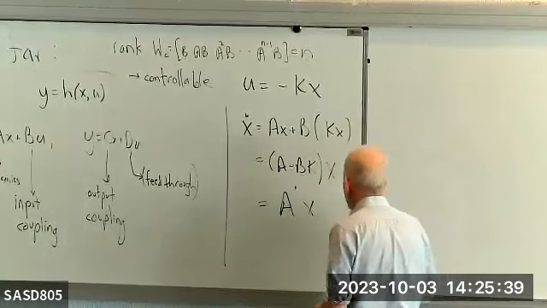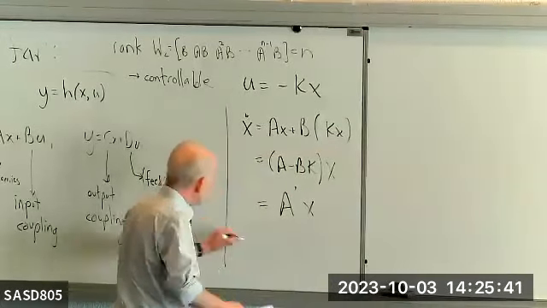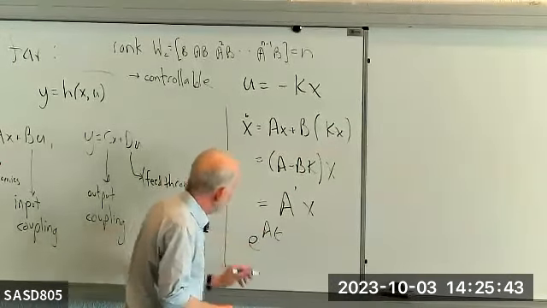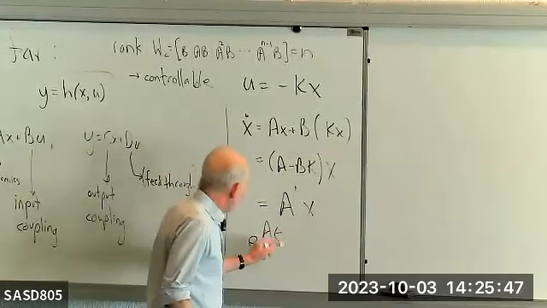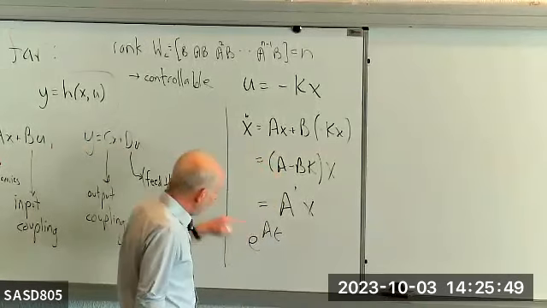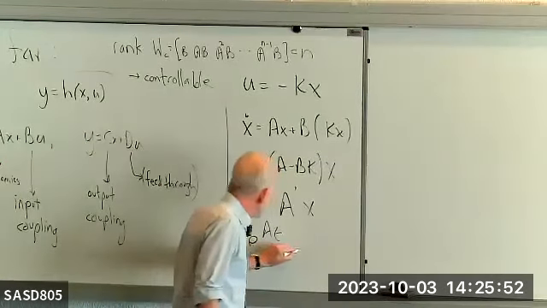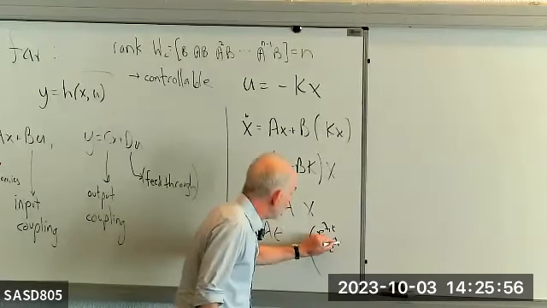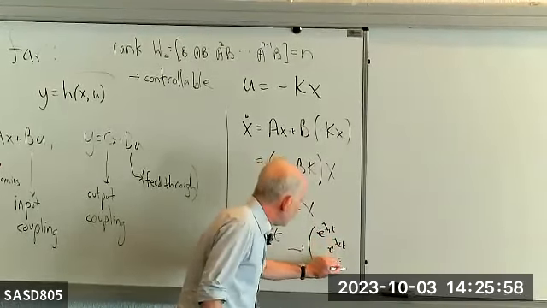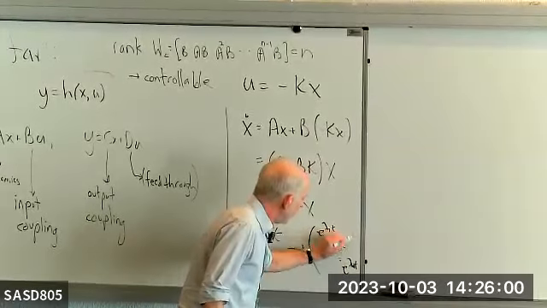And specifically, remember the solution we got is something of the form e^(At). If A were a diagonal matrix, this would be, for example, e^(λ1 t), e^(λ2 t), and so on, e^(λn t).